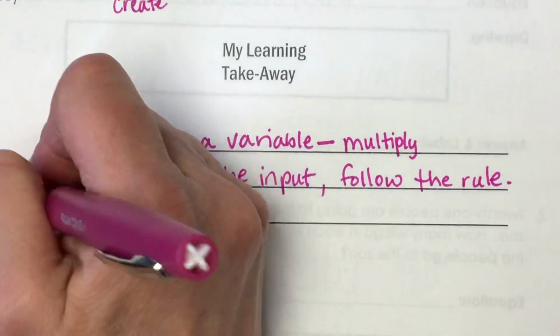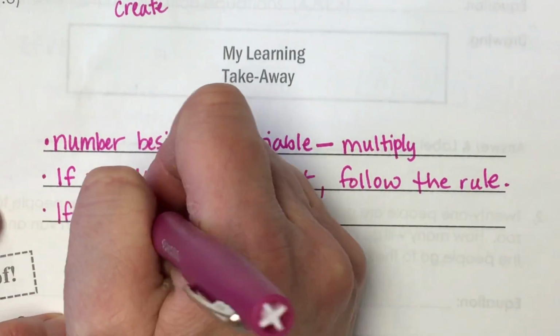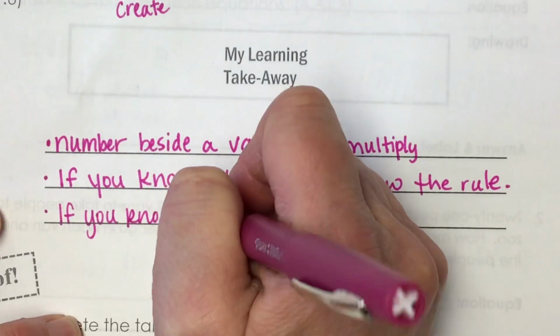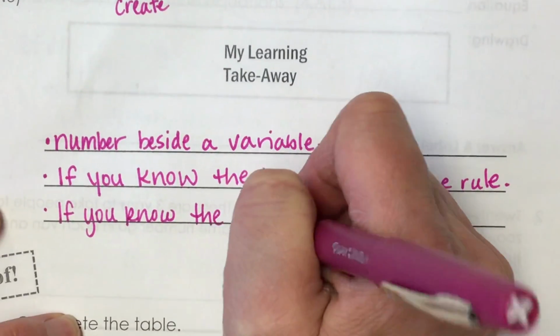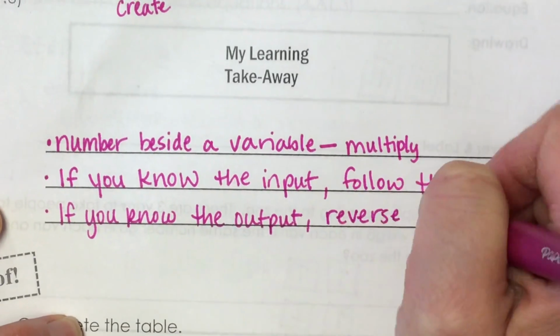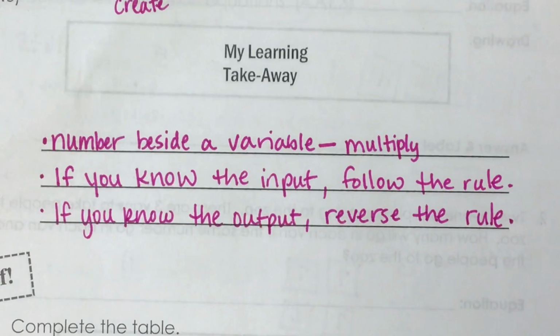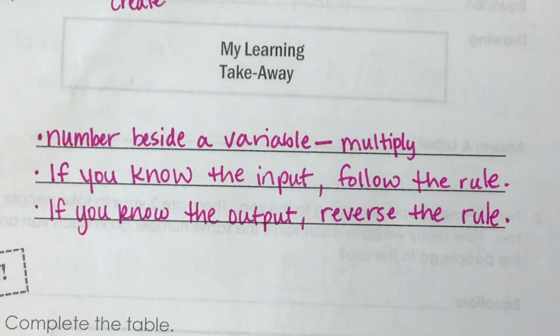But if you know the output, you have to reverse the rule. So if you know the input, you just follow the rule like it's written. But if you know the output, you're going to reverse the rule.